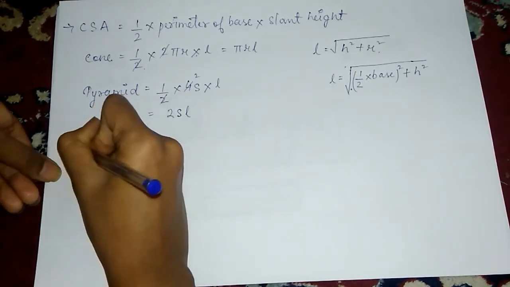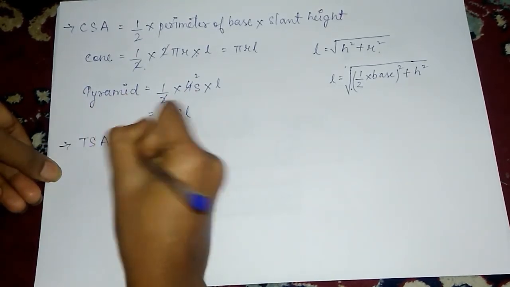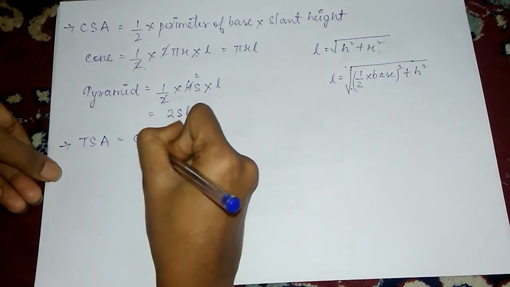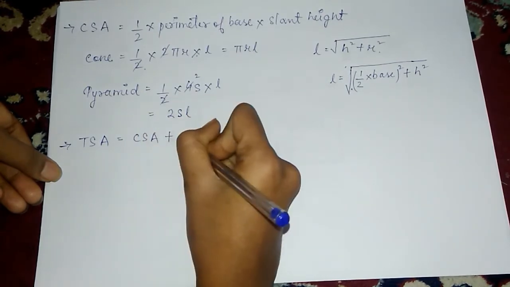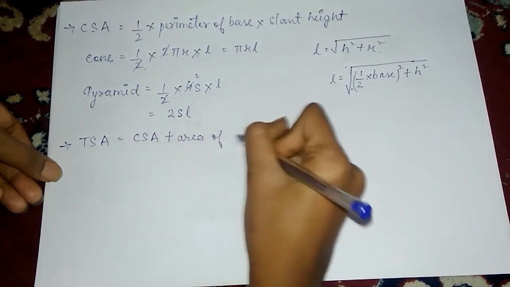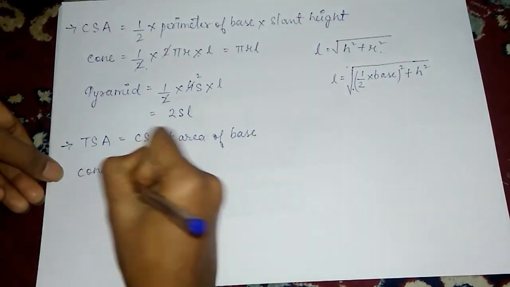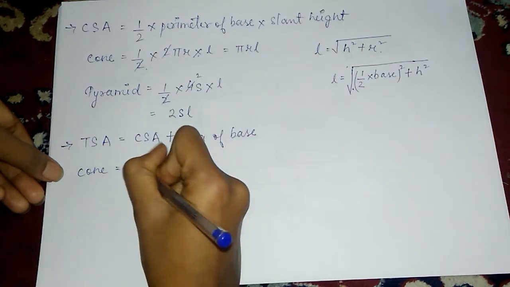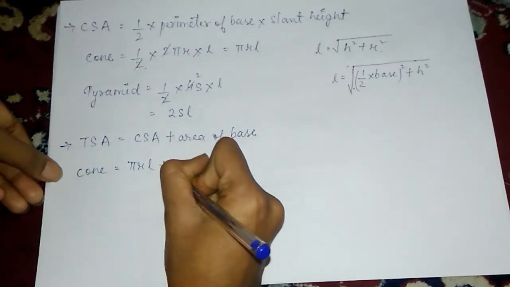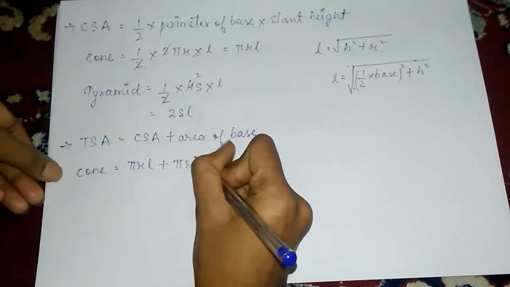Next one is total surface area. The formula is CSA plus area of base. For a cone, the CSA is pi r L and the area of base is pi r square.